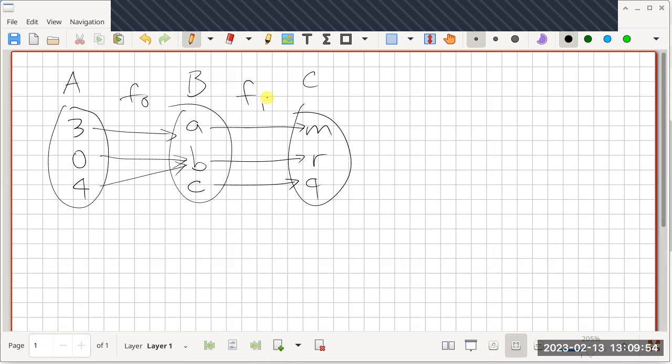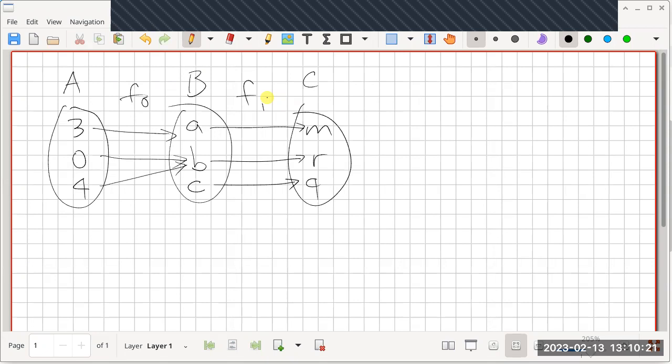But F2 is starting with an element of A, and we ask, where in C does it end up? And then the same with 0 and 4. So that becomes a new map. The 3 is mapping to A as an intermediate, but then eventually it maps to M. 0 maps to B first, B maps to R. So 0R is a mapping in F2.